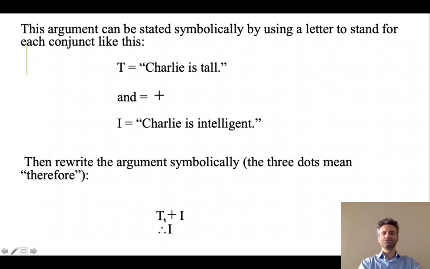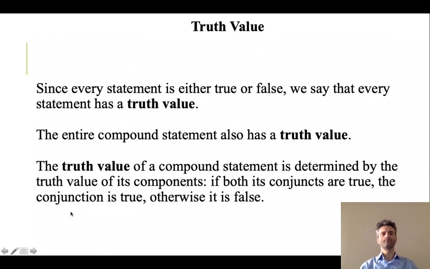We have T and I. Okay, the plus sign, we always read it as "and." The three dots. These three dots are not a mistake or I didn't know what to do this morning. The three dots in logic signify "therefore," signify that there's a conclusion. Therefore, I.